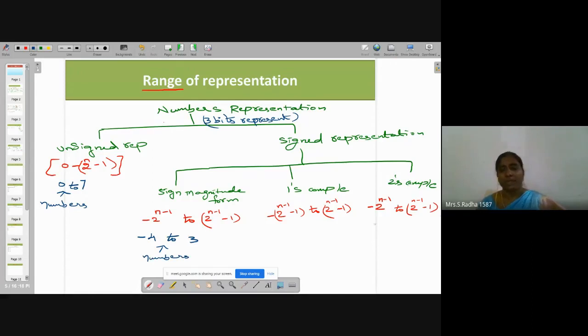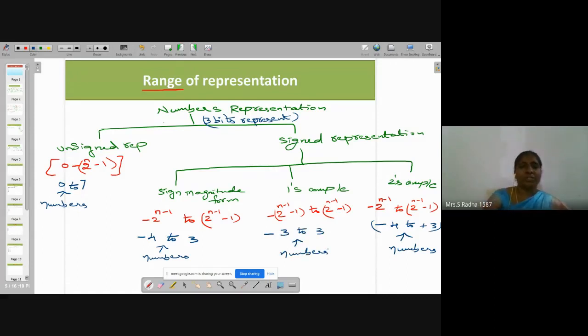In twos complement form also, it is minus 4 to plus 3 using 3 bits. Now coming to ones complement representation, it is minus 3 to plus 3. So this is about range of representation.